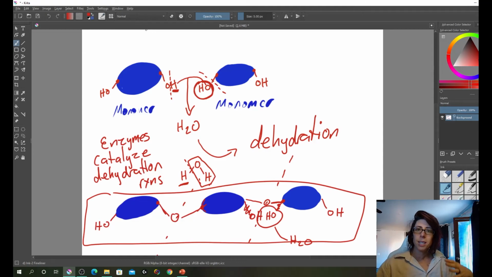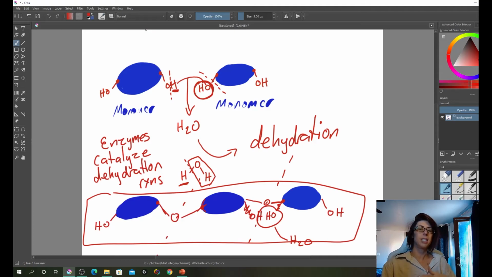So building polymers is like charging a battery, investing energy, storing energy in a battery to use later, and breaking those polymers apart back into monomers. That's how you release the energy from the battery. That's how you use the energy that was stored there.